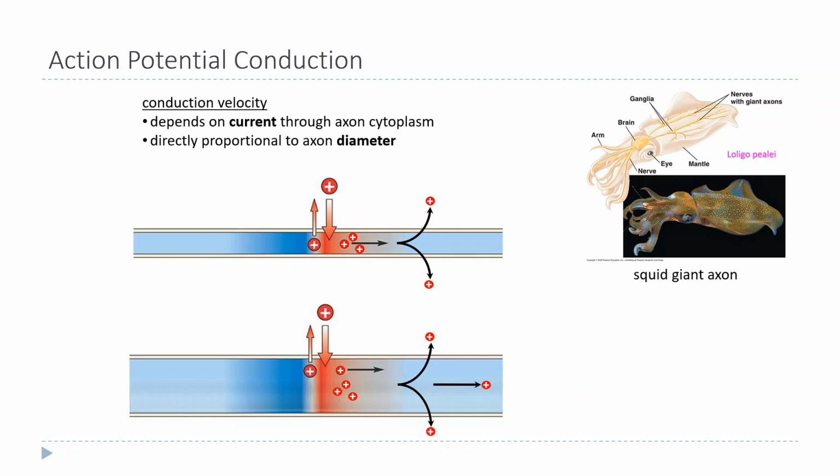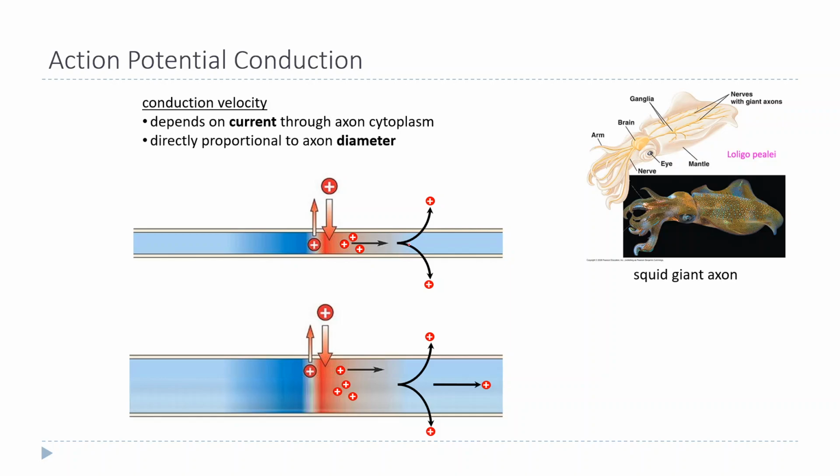So again, even though there are very few open cation channels in the membrane, there are some, and so this positive current does have the ability to leak out. Or you can have negative ions or electrons coming into the axon. That would have the same effect.